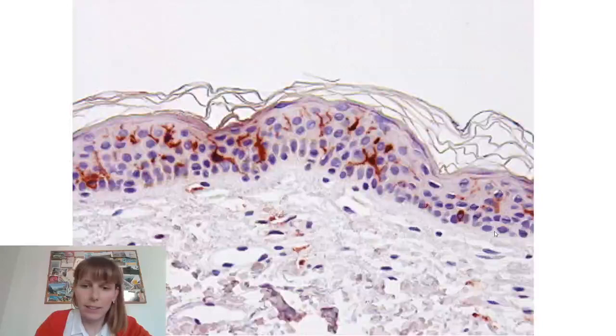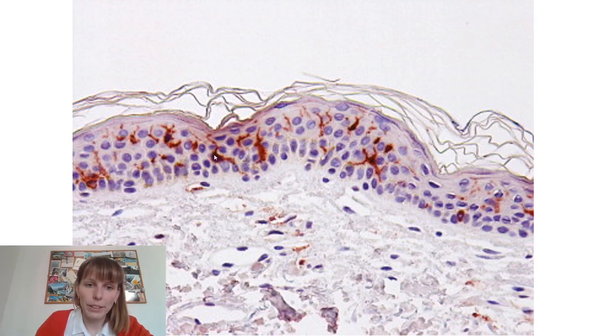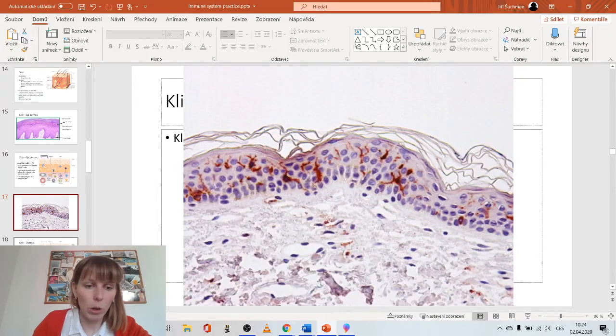So this is the important picture from this part: Langerhans cells sitting with their processes going in between the keratinocytes in the stratified squamous keratinizing epithelium. Antigen presenting cells inside the epithelium of the skin.